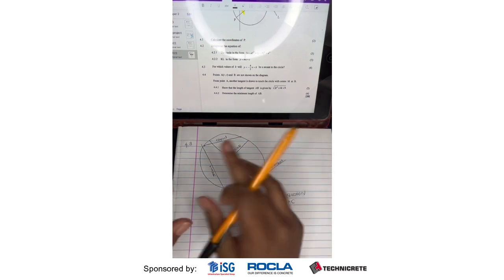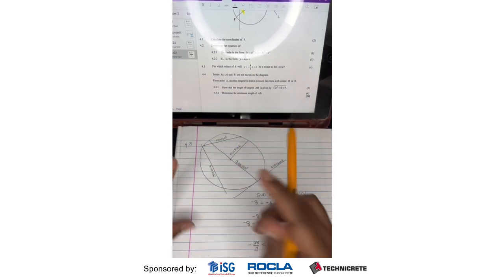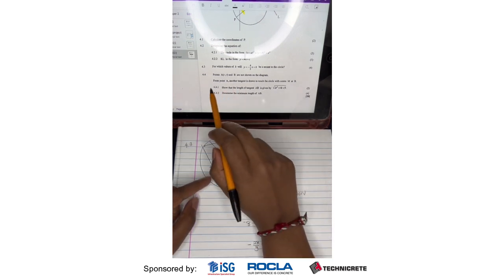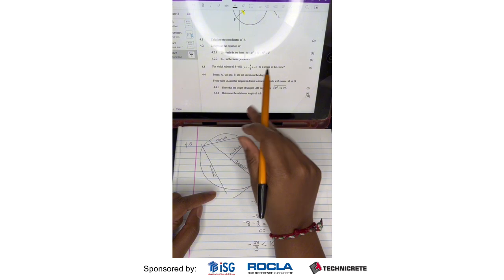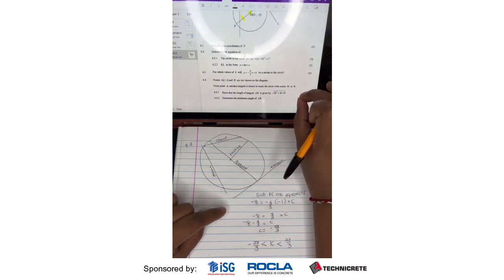Okay, so technically they're creating a Pythagoras triangle. So AB squared is equal to AM squared minus MB squared, because they're saying from point A, another tangent is drawn to touch the circle with center M.